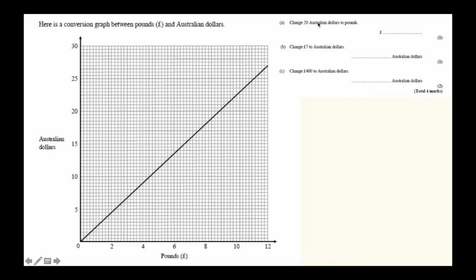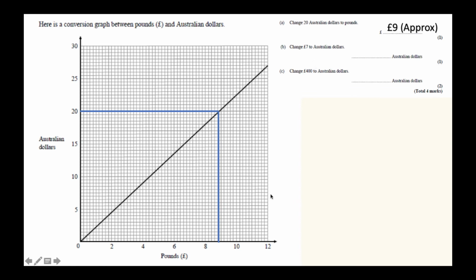To change 20 Australian dollars to pounds, you would go to 20 on your Australian dollars axis, and you would draw a line going to your diagonal. You would then go straight down to your pounds axis, and we can see there it looks approximately £8.90 or £9. So I'm going to put in £9. It then says to change £7 to Australian dollars.